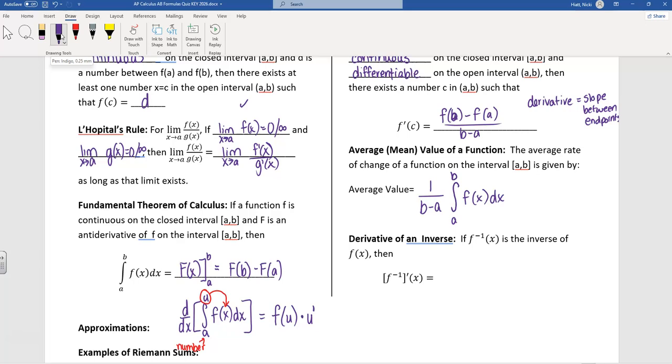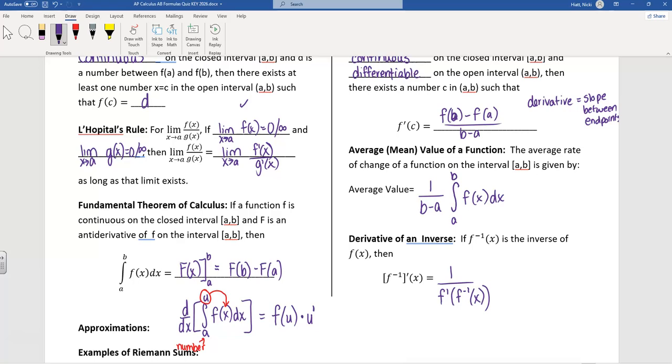Okay. Derivative of an inverse. You're not going to see a ton of these, but you'll see it, right? And you guys are pretty good at it while we were doing it. I bet we've forgotten the formula. It is 1 over f prime of f inverse of x.